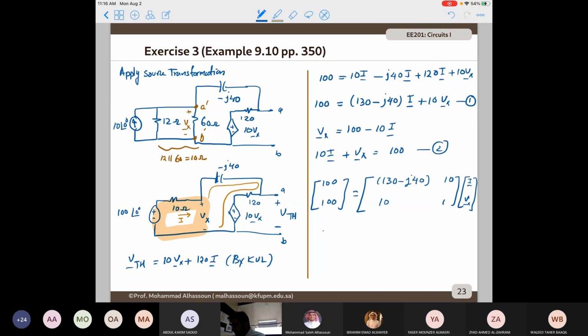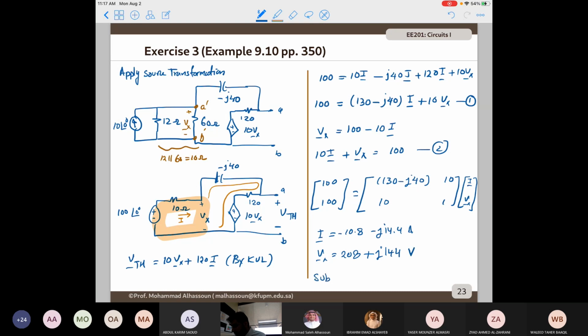So if you solve for the system, you get I equals 10.8 minus J14.4 amperes. Vx is going to be 208 plus J144. The unit is volt.